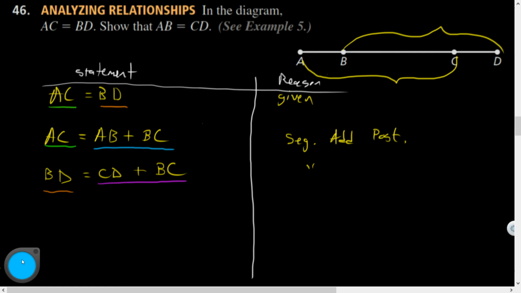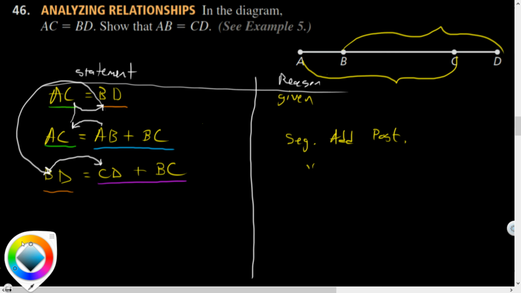So let's see if we can follow this transitive train. This is equal to that, which is equal to that, which is equal to that, which is equal to that. And therefore, the engine is equal to the caboose of the transitive train, friends.